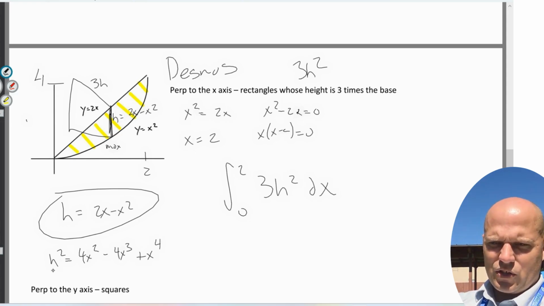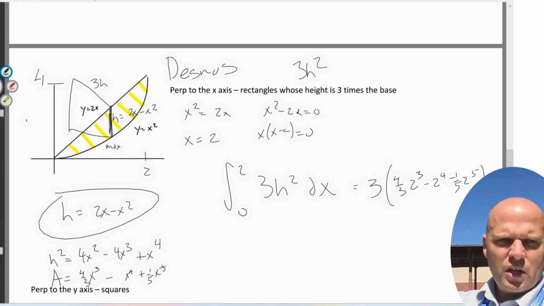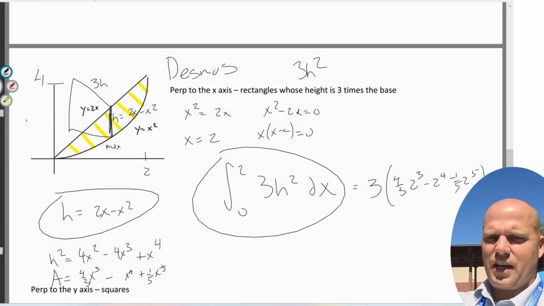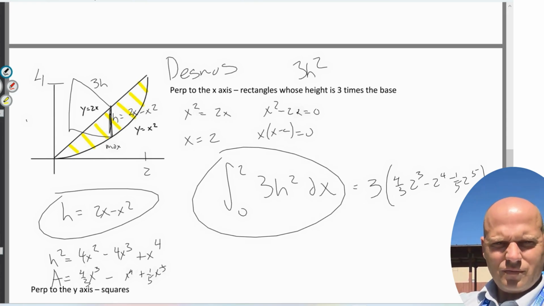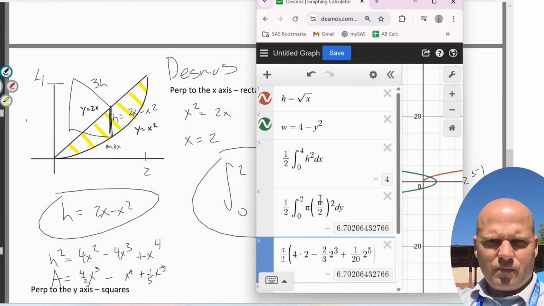So that means the antiderivative would be this. So this is equal to 3 times 4/3 times 2 cubed minus 2 to the fourth plus 1/5 times 2 to the fifth. But I'm cool with this, guys. That's great. I'll show you how they're the same.